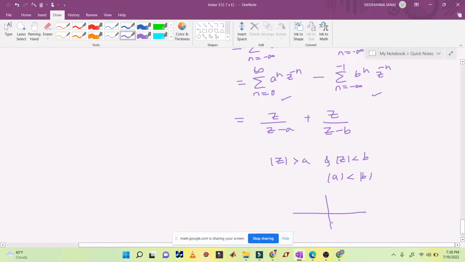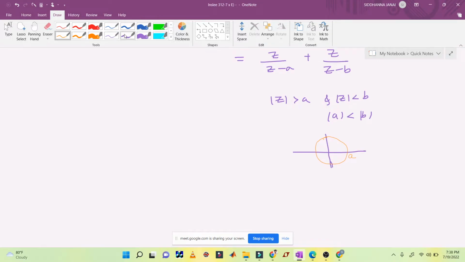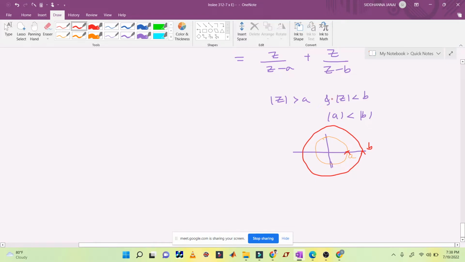say this is the Z plane. So this is the radius of A. According to our equation, B is greater than A. This is B, this is A. So let me draw another circle of radius B. ROC is, say, Z is greater than A but lesser than B, magnitude of A. So this is ROC.